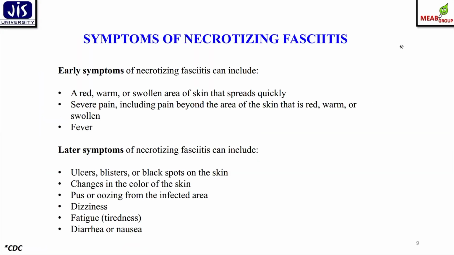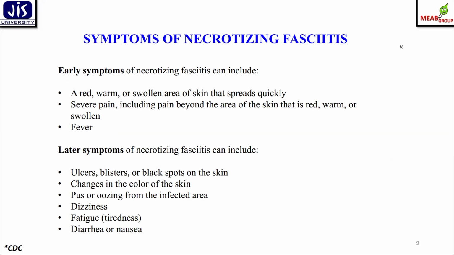So how can you understand that you have initial infection of necrotizing fasciitis? There are certain early symptoms of NF, which include a red, warm, and swollen area on the skin surface that spreads quickly, severe pain, including pain beyond the area of skin that is red, warm, and swollen, and you might feel some mild fever.